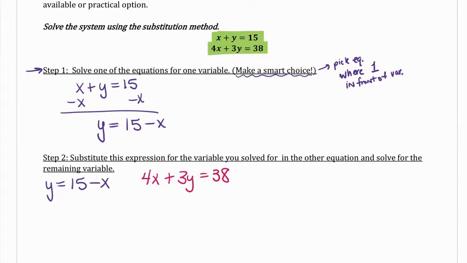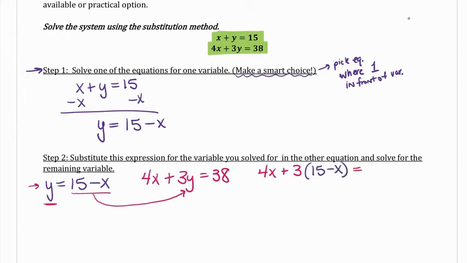And what this first equation says is that y equals 15 minus x, right? So I'm going to take that 15 minus x and substitute it in for y, because that's what y equals. So I'm going to do 4x plus 3, but then instead of y, I'm going to plug in what I said y is equal to, which is 15 minus x.